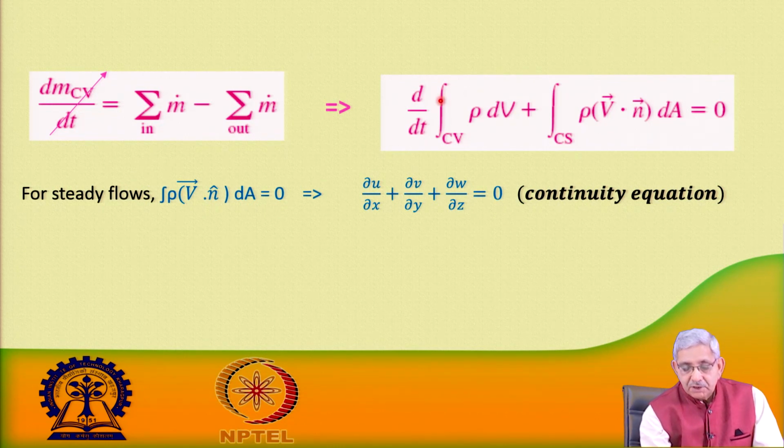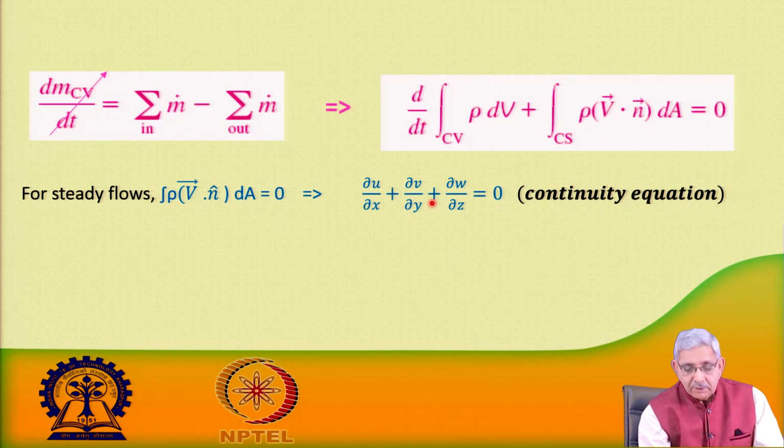So, the rate of change of mass plus the integral over the control surface of rho V dot n dA is equal to 0.